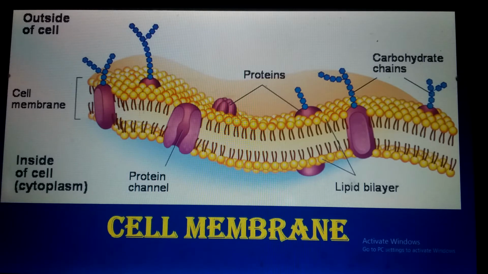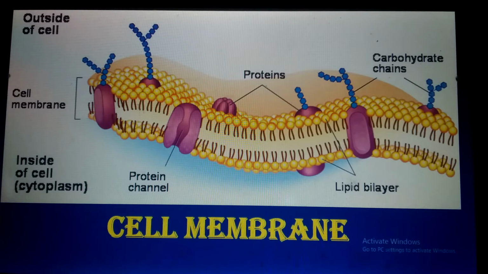This biological membrane is also known as the plasma membrane, cell membrane, or cytoplasmic membrane. It is very important, and all the functions of the cell depend upon its presence.